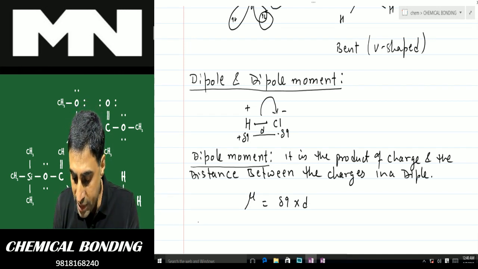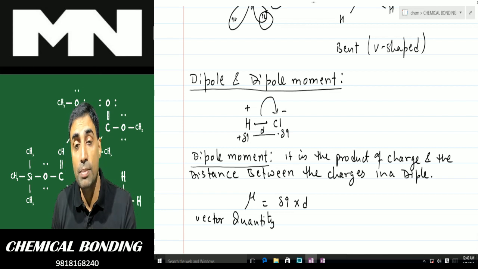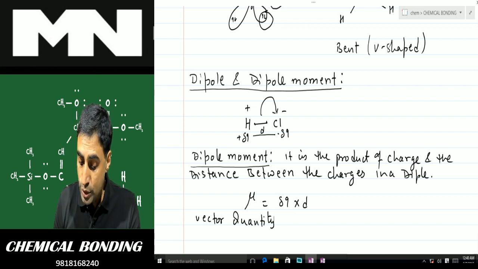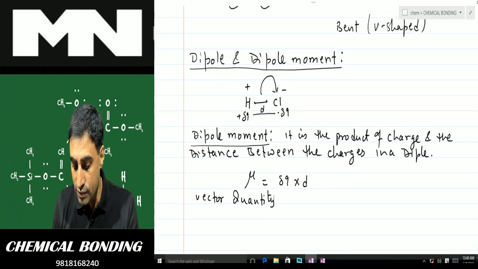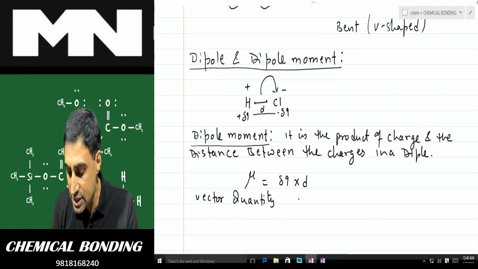A dipole moment is always a vector quantity. That is, it not only has a magnitude but also direction. Well, students, the standard unit of dipole moment is the debye.